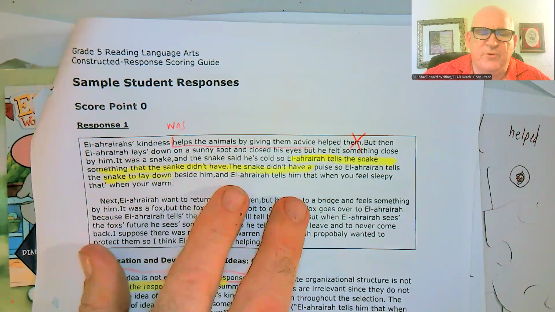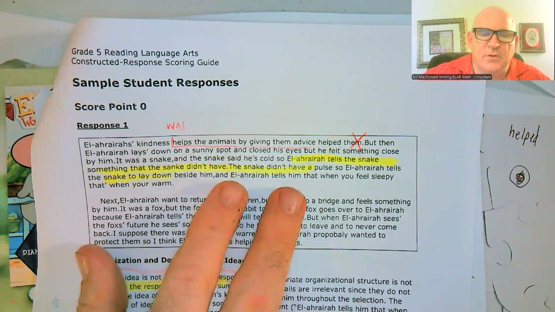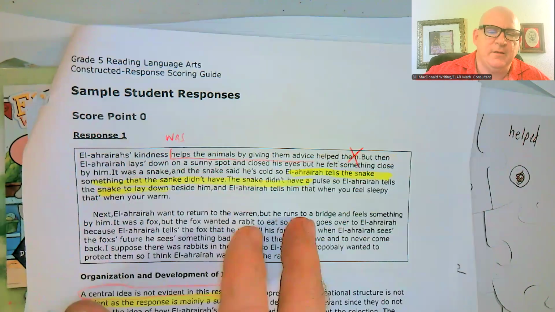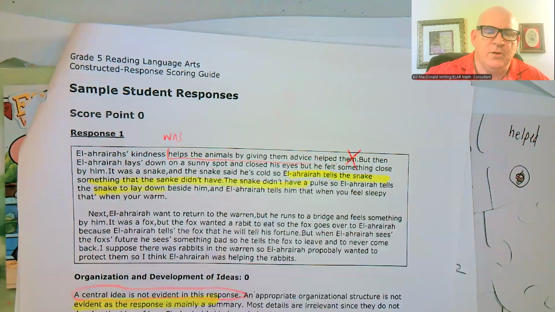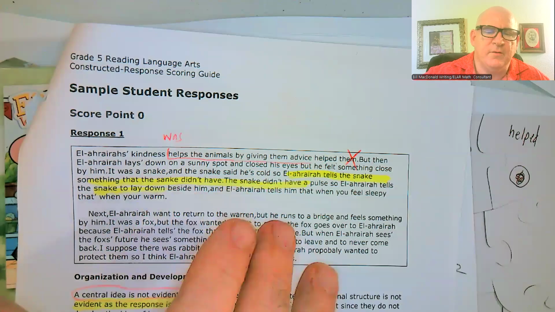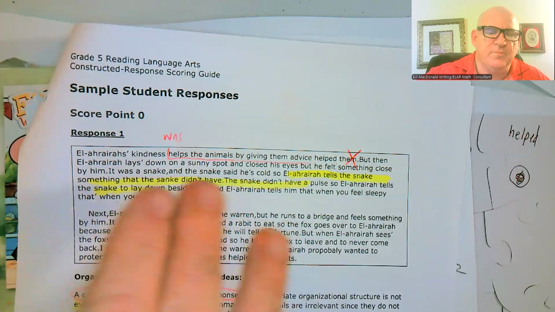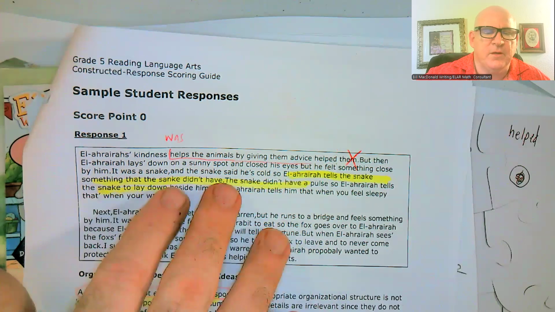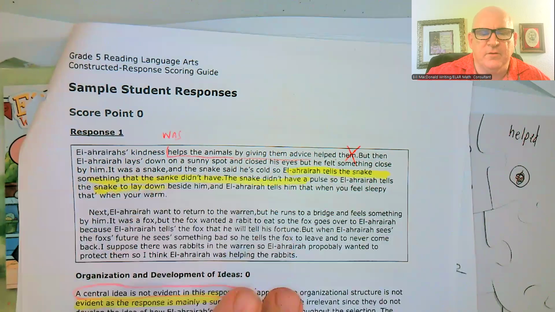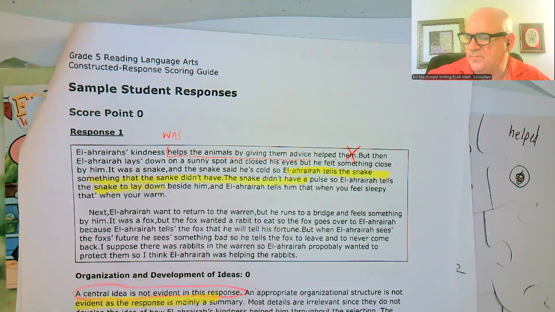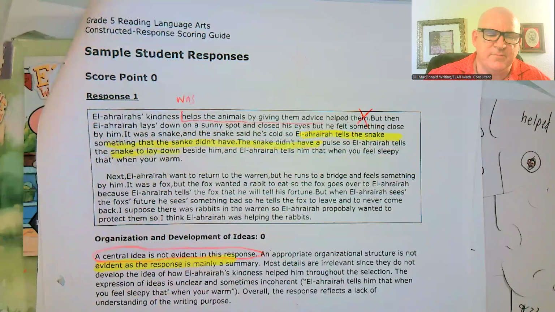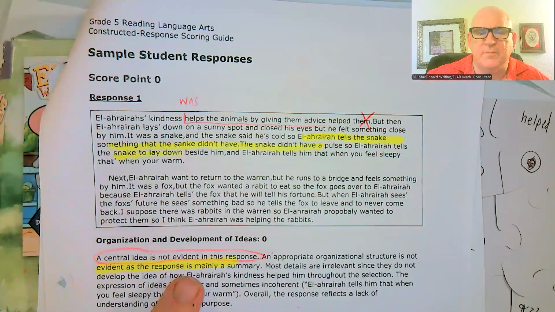For your central idea, you just need one sentence, your central idea statement, and then you can tell what happened. Because he helped the snake warm up, he received a gift of hypnotic powers. Okay. So it says the central idea is not evident. And that it's mostly a summary.